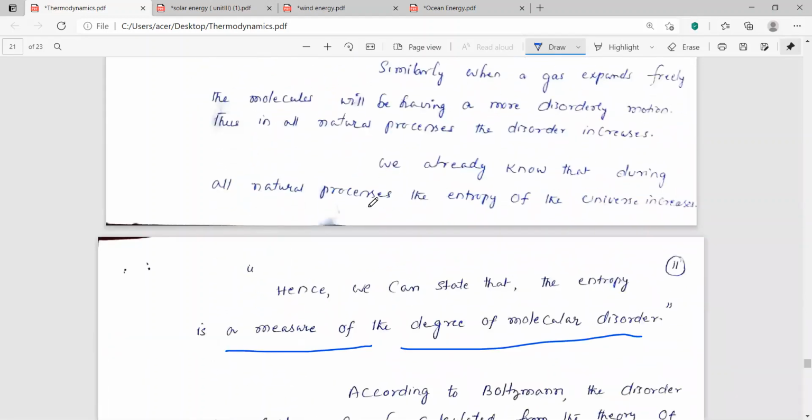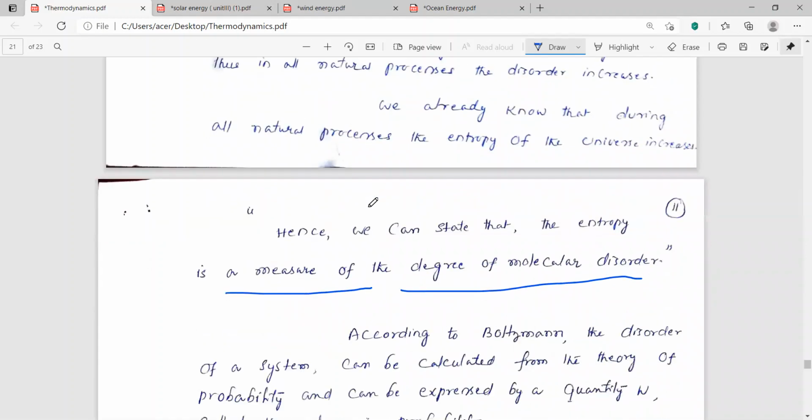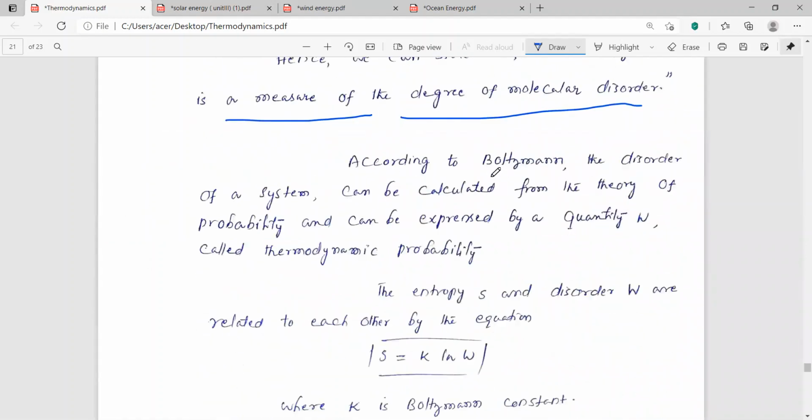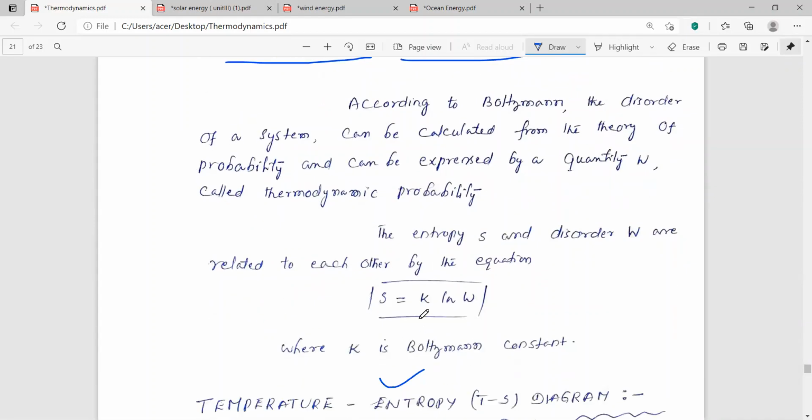And this can be explained by the Boltzmann equation. What is the Boltzmann equation? S equals k log W, where k is the Boltzmann constant and W is called the thermodynamic probability.